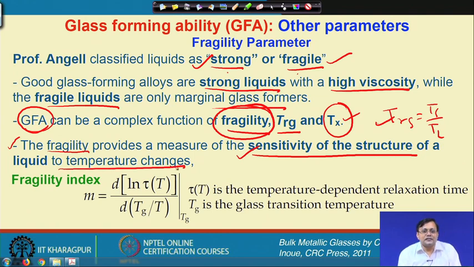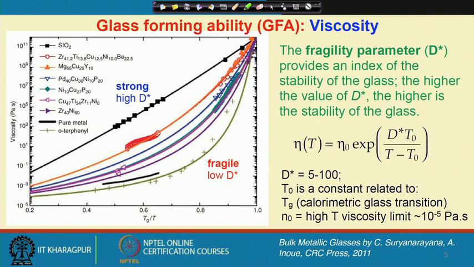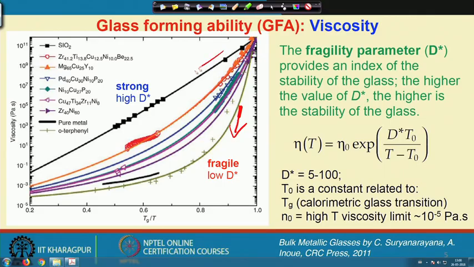So, if the structure changes very easily, or kinetically it is more favored, then it is a very poor glass forming alloy. Because in the earlier plot we have seen that same situation. Once again I would like to show you the earlier plot. So, here also it is the same: a poor glass forming alloy has a very fast change in the viscosity, meaning the structure of that short range order changes very fast, okay, in glass forming, whereas this is a more stable glass.